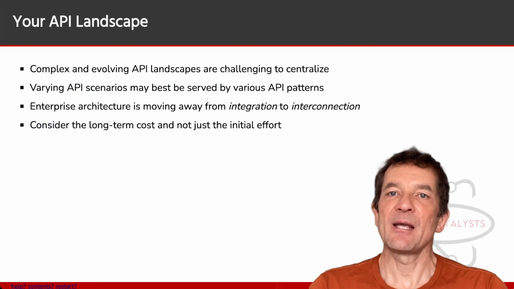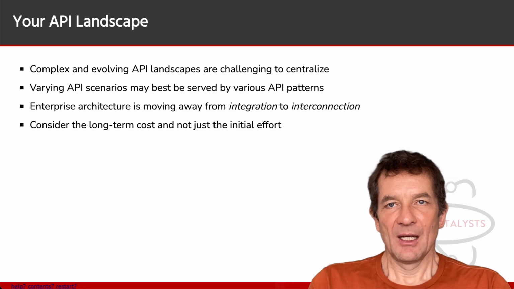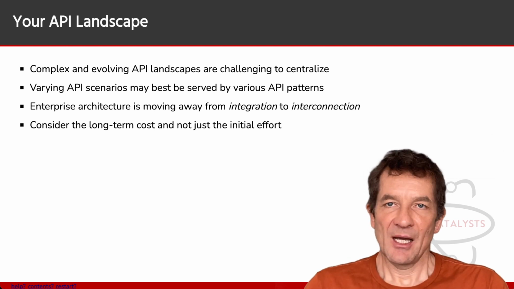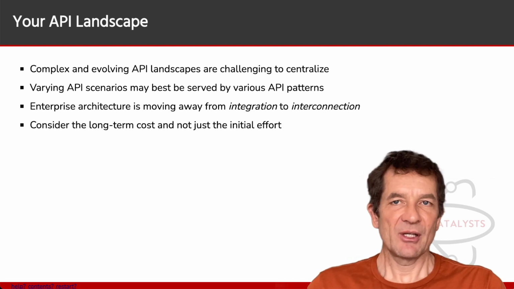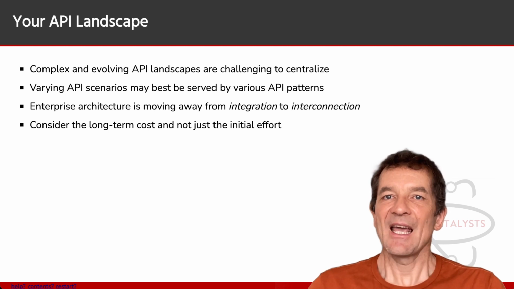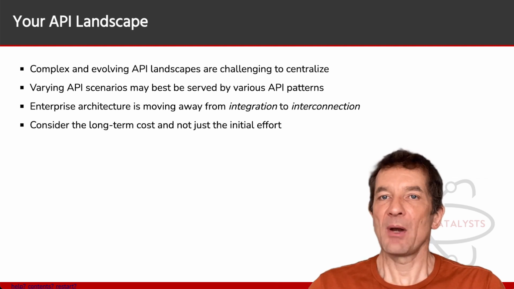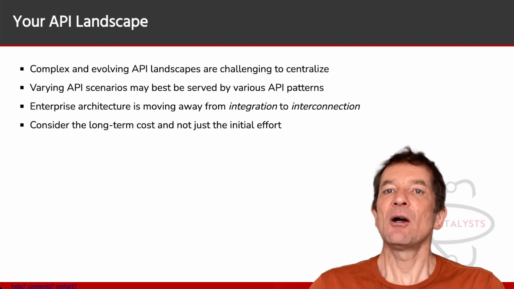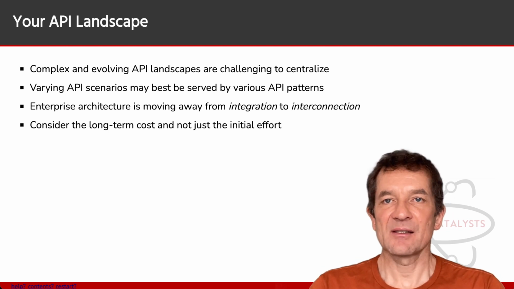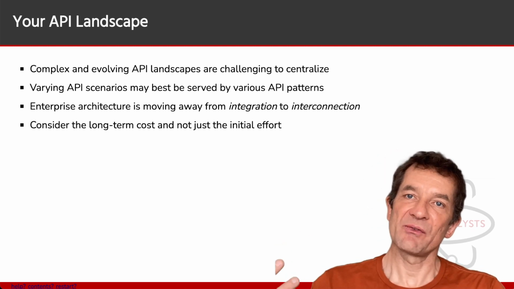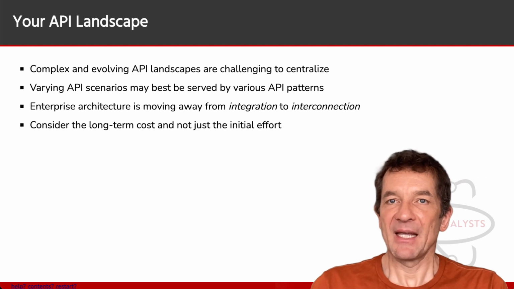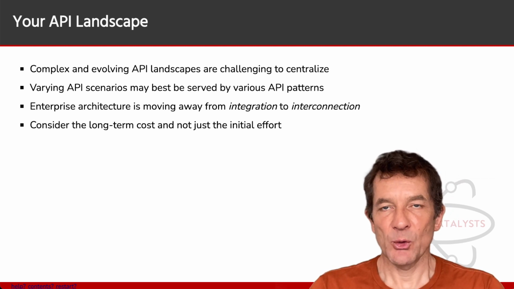The first one is your API landscape. What do we mean by API landscape? An API landscape, in particular in bigger organizations, can be large and complex. It's the entirety of all the APIs that exist in an organization that expose features made available by some software component.